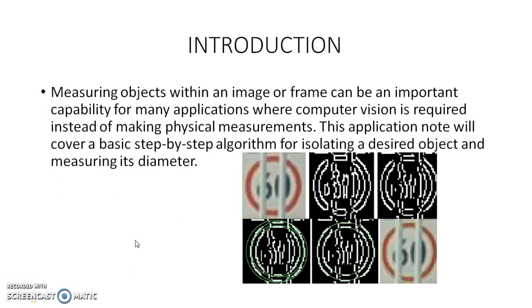Let's see some introduction. Measuring objects within an image or frame can be an important capability for many applications where computer vision is required instead of making physical measurements. This application note will cover a basic step-by-step algorithm for isolating a desired object and measuring its diameter. Sometimes we don't know the values to calculate.